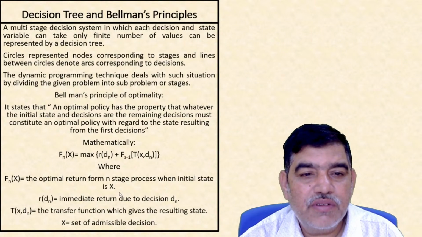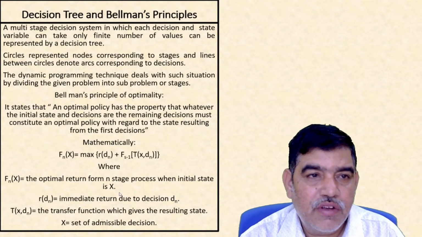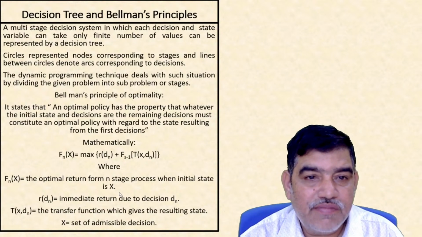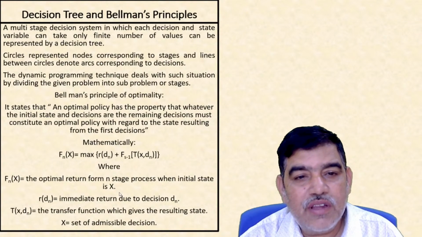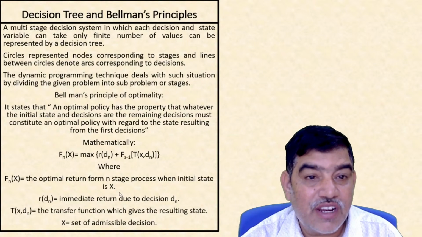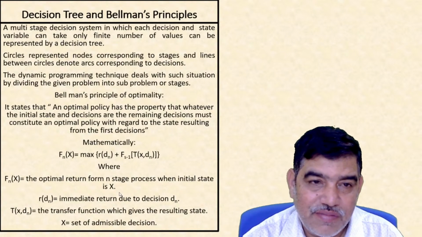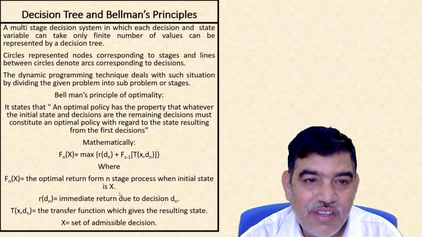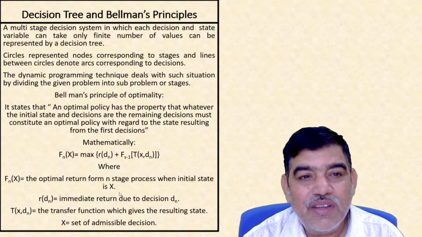Before Bellman's principle of optimality, first, what is actually a decision tree? As we know, a decision tree has a number of nodes, each represented by a circle, and the nodes are joined by an arc or a straight line, and we can arrange the nodes stage-wise: stage 1, stage 2, stage 3, in this way, because it's a tree-like structure.